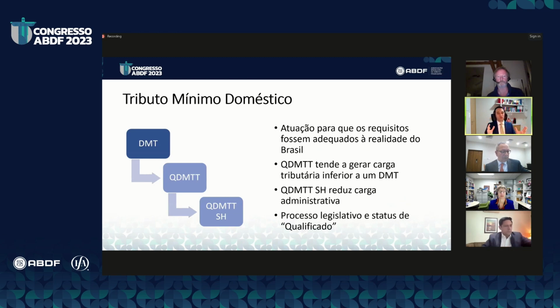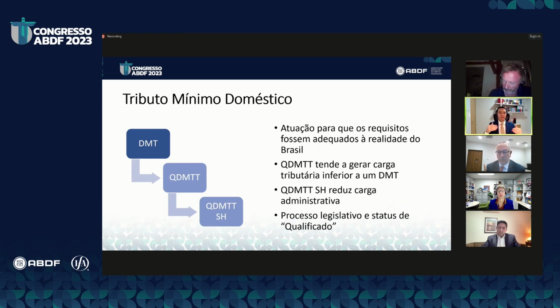Dentro desse contexto Globe, nós temos algumas alternativas, e eu acredito que o Álvaro vai tocar em alguma delas ao falar sobre imposto mínimo doméstico. Mas nós temos a possibilidade de que as jurisdições optem por implementar tributos mínimos domésticos que não se qualifiquem como um QDMTT, e esse parece ser o caso de algumas jurisdições que atualmente já têm tributos mínimos domésticos e possivelmente não querem mudar em direção a um QDMTT, né?